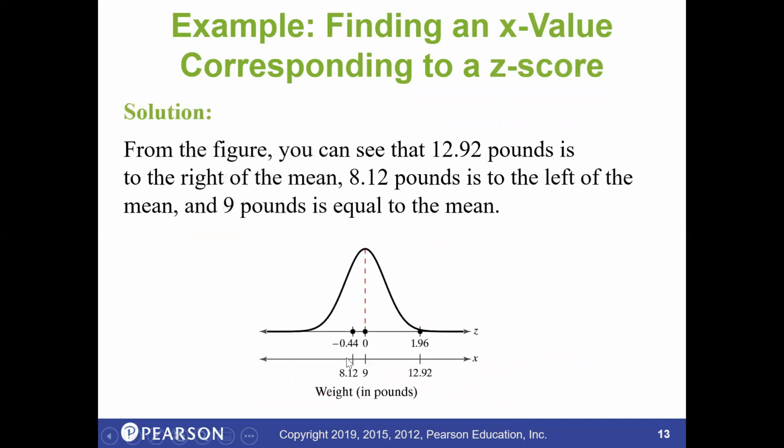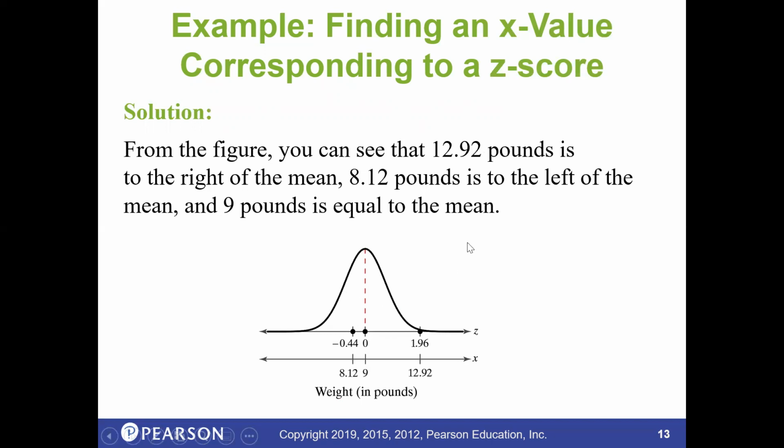The graph is the same. The z-score is just what we use to find values, but the x-score is just a scale change. 0 corresponds to 9, and this corresponds to this. It's literally the same graphic, just changing scales.